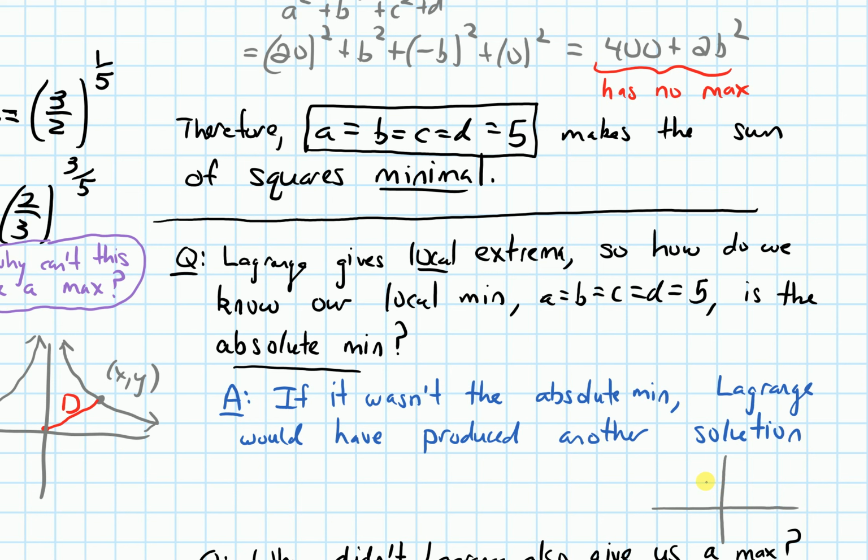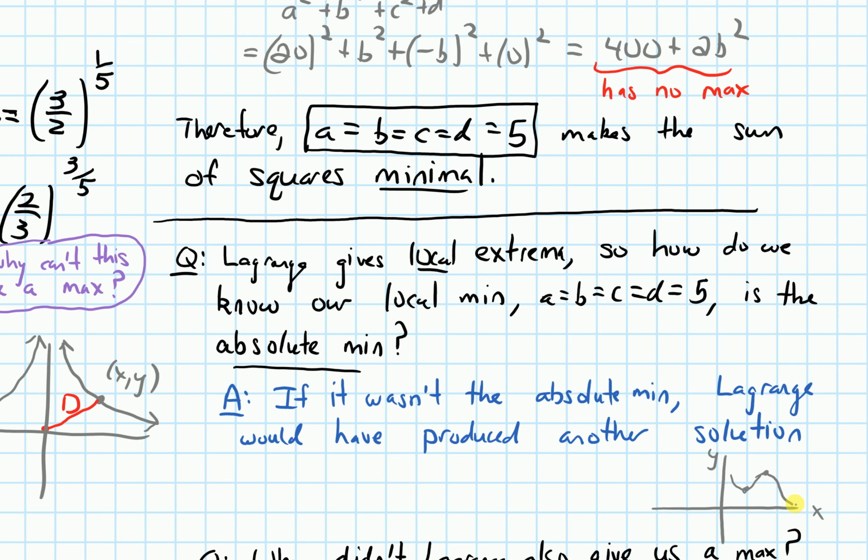a function of one variable, just on my x and y axes, if I think about having a local min, that would correspond to a point like that, a local min value. But for that local min not to be an absolute min, I would have had a situation where the function changed and went even lower. I don't know what it does at this point.